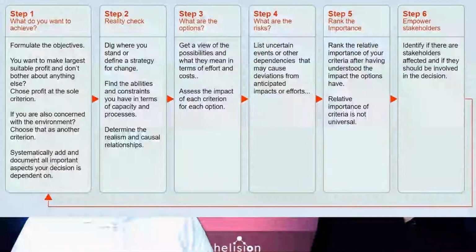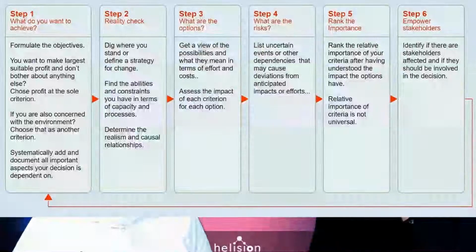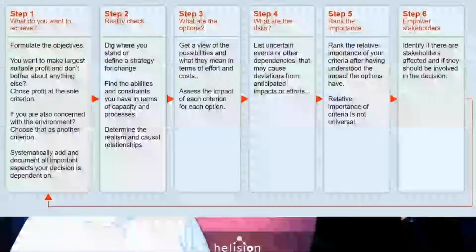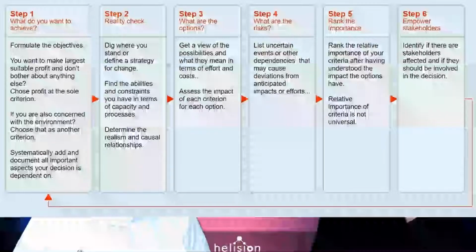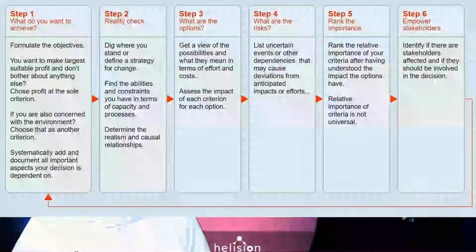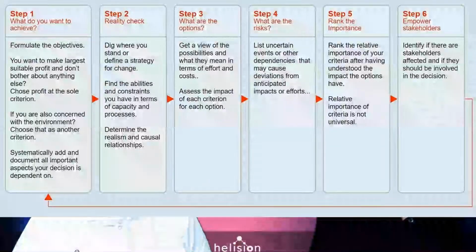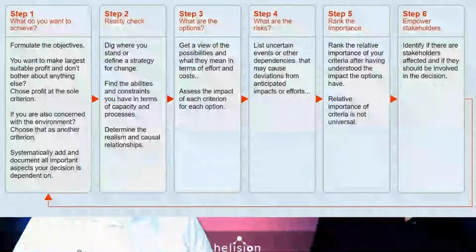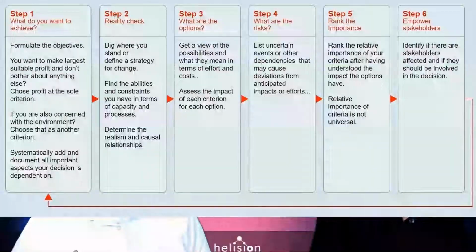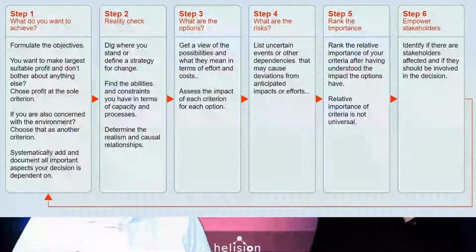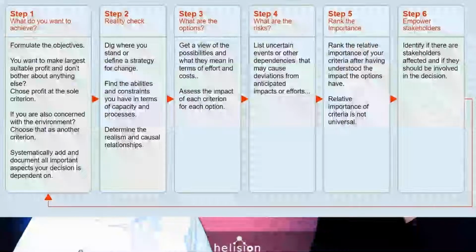Then we will look into what possible risks there could be in the decision. Then we need to rank how we're going to evaluate these various options with the criteria, and then with the results, the evaluation, we also need to rethink, do we need to involve more stakeholders? Okay. So that's the quick repetition.